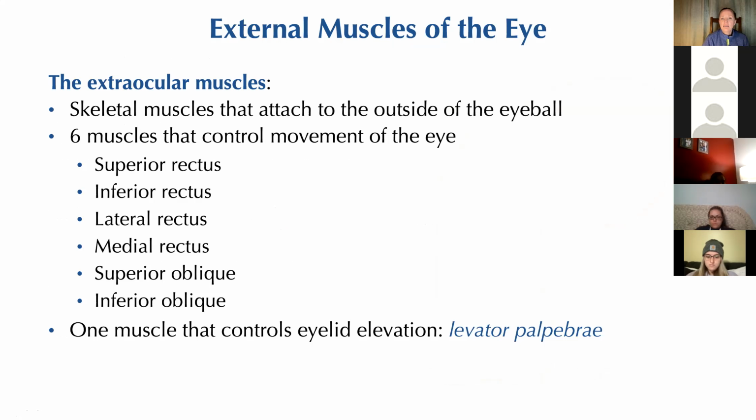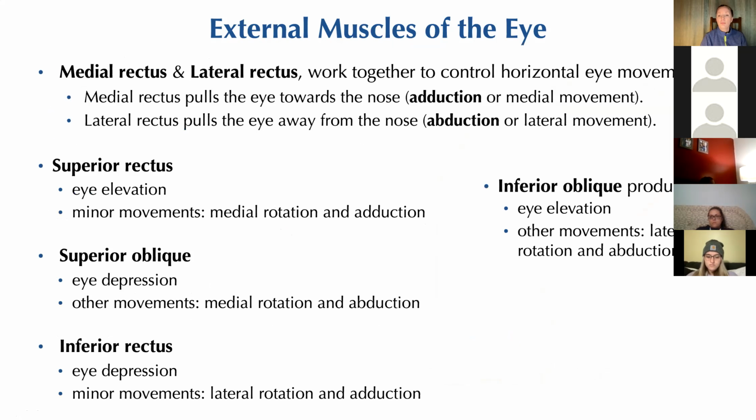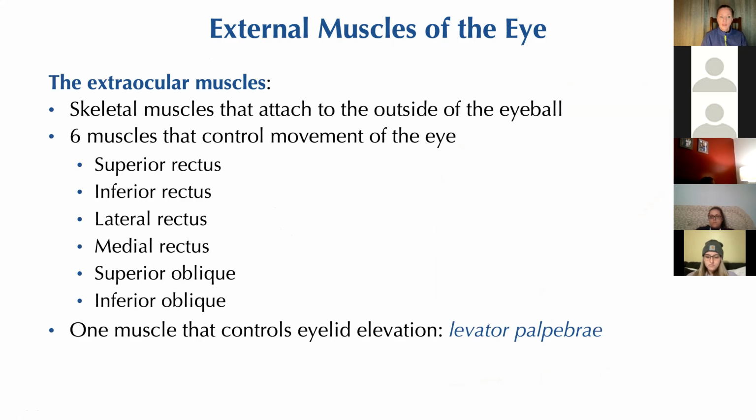We have 6 external eye muscles that move our eyes in all of the directions. So the superior straight muscle going back that moves our eyes to look upward is going to be our superior rectus. Inferior rectus down below, we will have on each side of the eye lateral recti and medial recti.